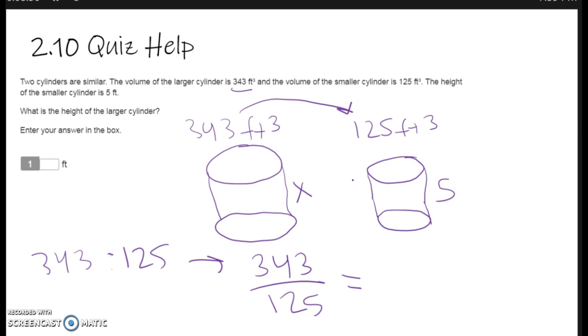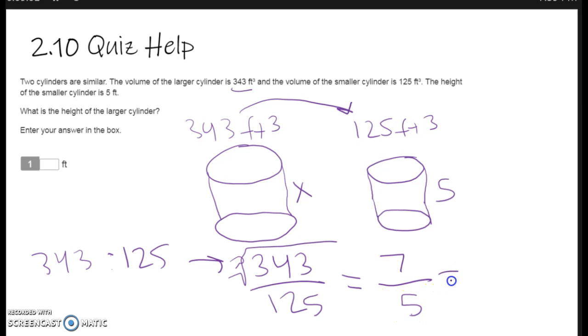Again, if you're confused on this, watch that recording from lesson 2.09 and 2.10. But the cube root of 343 is just 7. The cube root of 125 is just 5. So the ratio of their lengths is going to be 7 over 5.